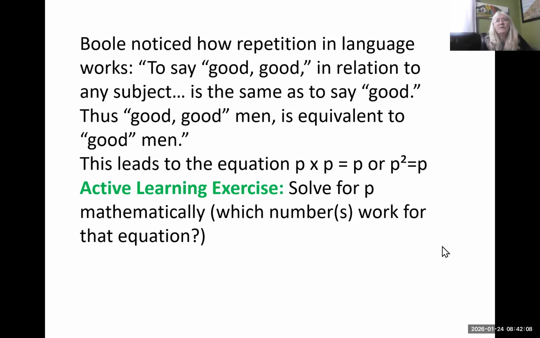So this leads him to think that in language, this is analogous to what we do with numbers. It's like P times P equals P, or P squared equals P. So if he's right, I want you to solve mathematically for P. Which number or numbers work for that equation?